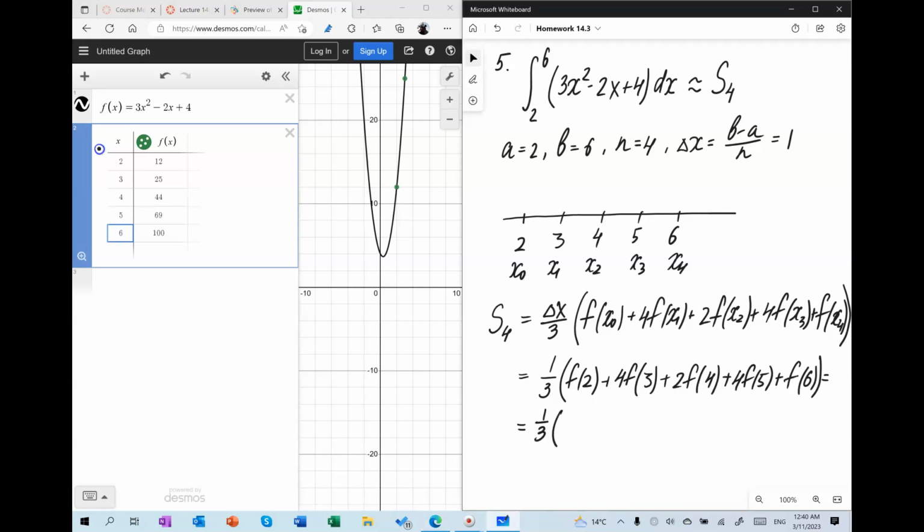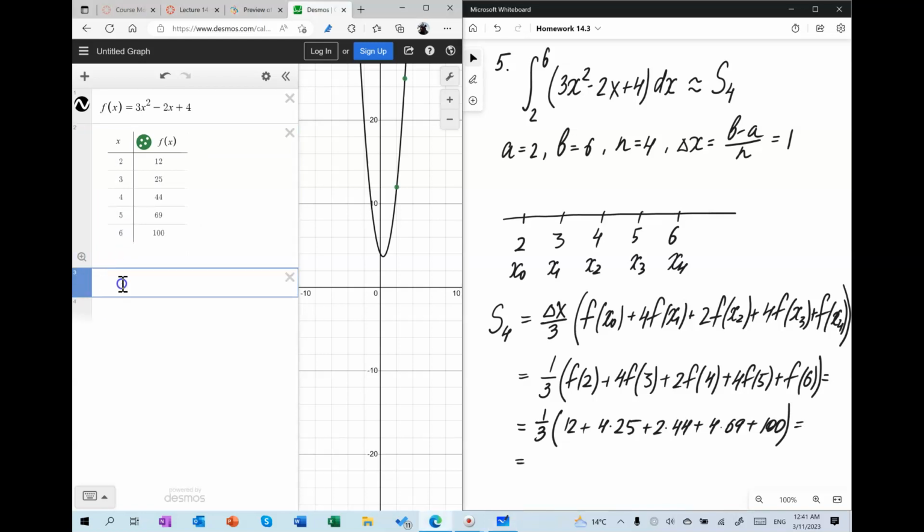And we can do it by hand, which could be very tedious and long, or we can just, again, use the power of Desmos and just type f of 2 plus 4 f of 3 plus 2 f of 4 plus 4 f of 5 plus f of 6, and that seems to be a little faster. So the answer is 192.